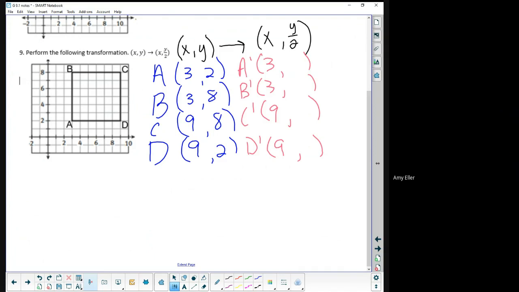Now the y's are going to get divided by 2. This y was 2, divide by 2, divide the next y by 2, and keep going. Easy, right? Very easy. Okay, plot these new prime points and make sure they're labeled.